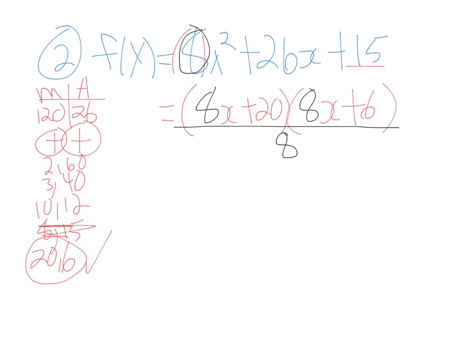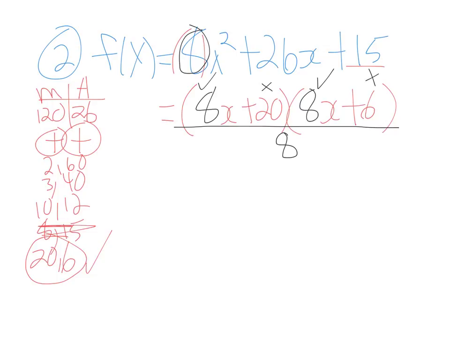Now what I'm looking for is to divide that 8 into one of the factors, if possible. So I check the first factor with 8x and 20. 8 goes into 8, that's fine. 8 does not go into 20 nicely. Check the second factor. Does 8 go into 8 nicely? Of course it does. Does 8 go into 6 nicely? No, it doesn't. So here's what I have to do then. I have to break 8 down.